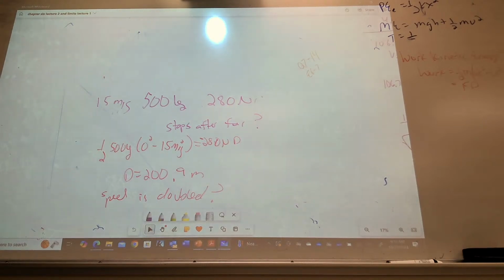Now, did you need to go through and recalculate everything? No, I just changed the speed and used the same. But did you need to even change your speed and calculate? What is the stopping distance factor from the original?